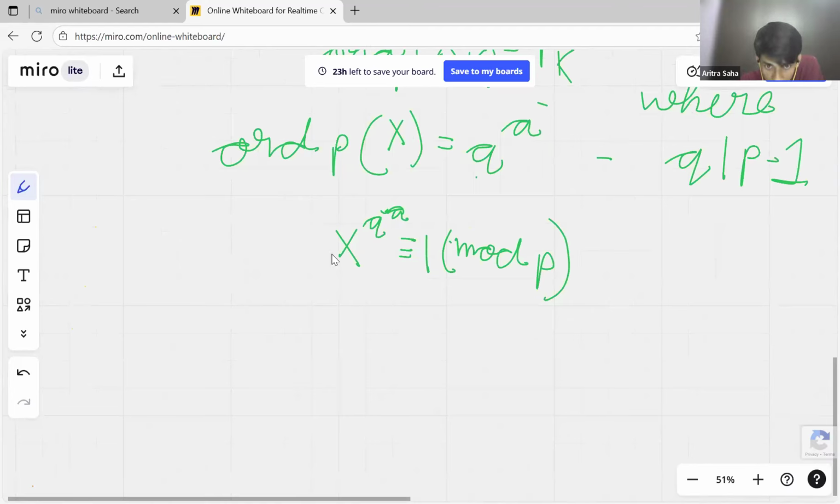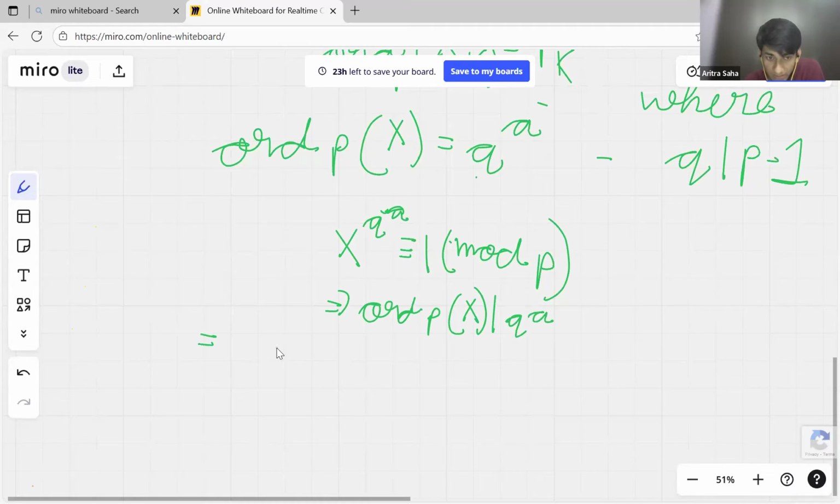If you have x to the power q to the power a to be 1 mod p, then the order of x mod p will divide q to the power a.